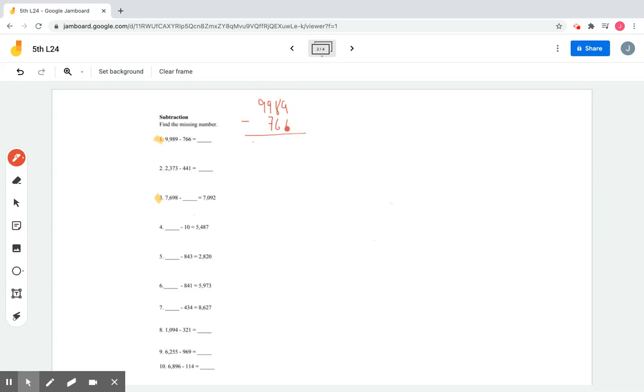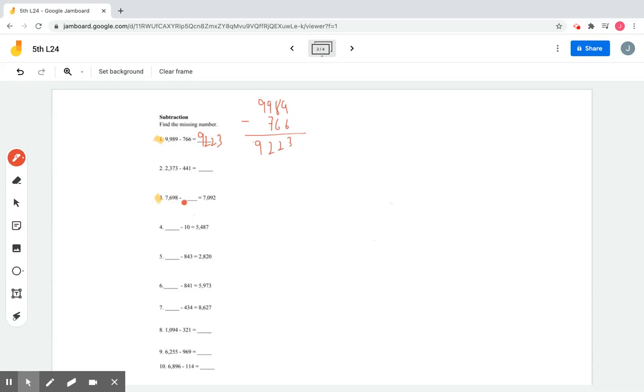So 9 minus 6 is 3. 8 minus 6 is 2. 9 minus 7 is 2. And we don't have anything here. So for this column, 9 goes down. So it's just 9. So this will be 9,223.